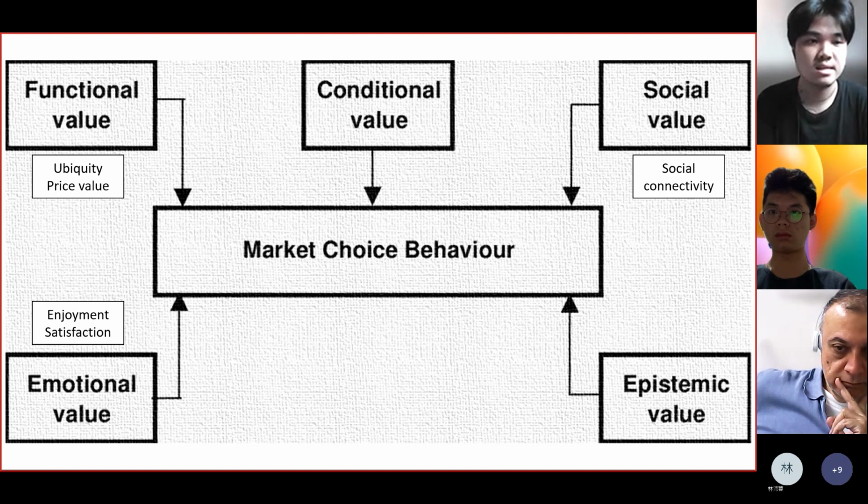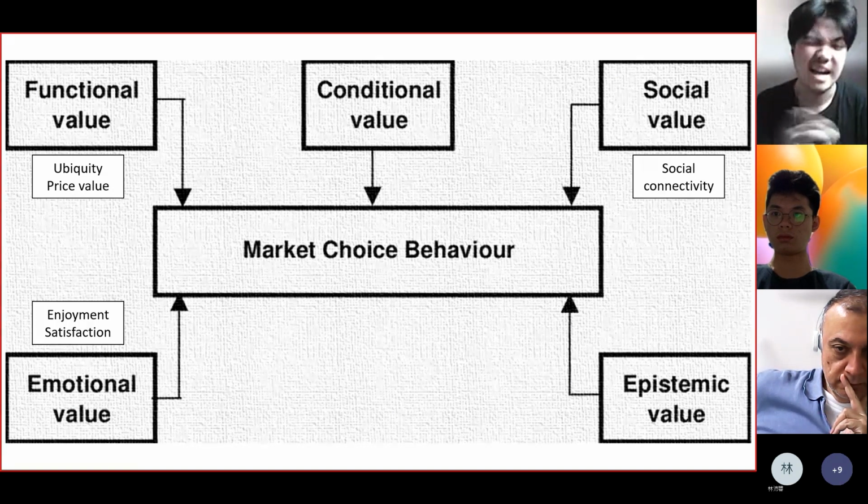In this case, we will take social connectivity as the variable measurement. The third one is emotional value, the perceived utility acquired from an alternative's capacity to arouse feelings or affective states. In this case, we will use enjoyment and satisfaction as the variable measurements.